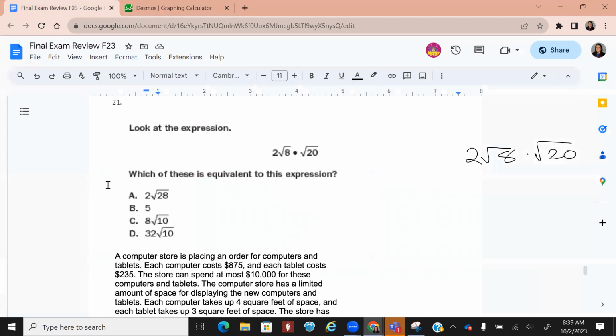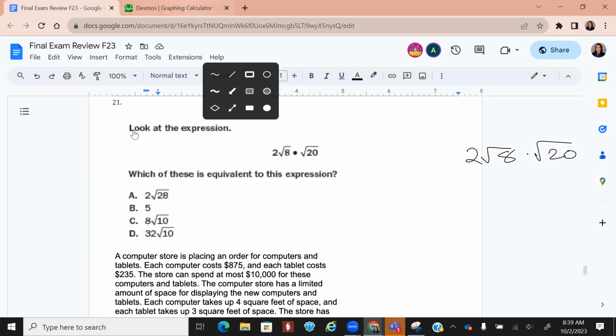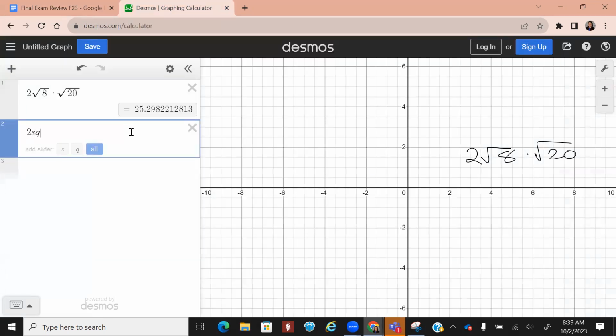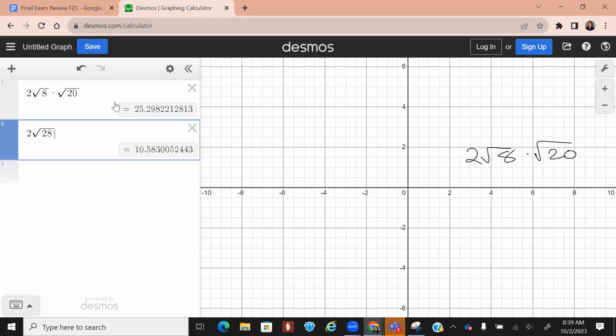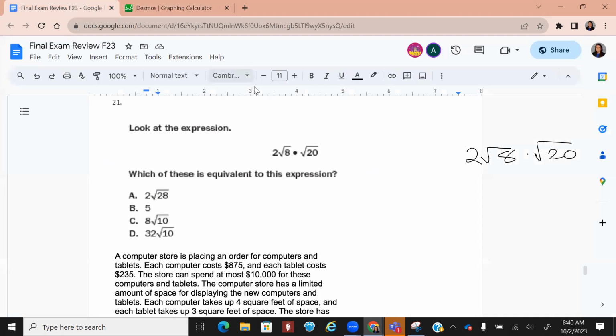So what I'm going to do is take my options, plug those in, and see which ones are the same. So if I took 2 square root of 28, are those the same decimals? No. What about 8 square root of 10? Are those the same decimals? Yes. But I didn't even have to do any math, and I found the answer.